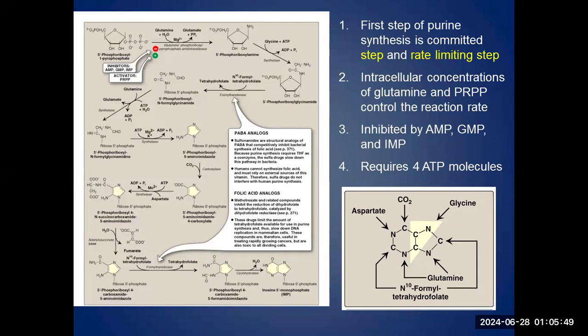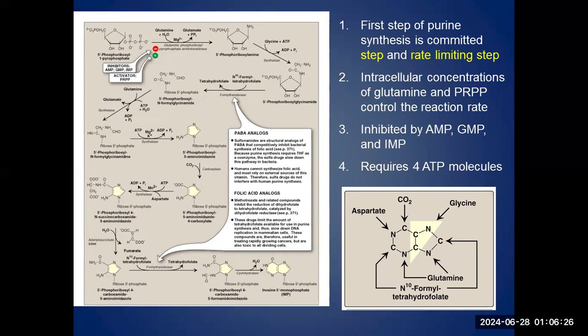This chart shows you the synthesis of purine, similar to the previous one that we have discussed, but with the specific structure. The first step in purine biosynthesis is the committed step and the rate limiting step. That is, the first step determines whether purine is to be synthesized or no more synthesis of purine is required.